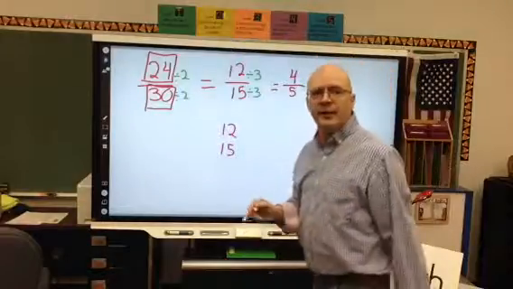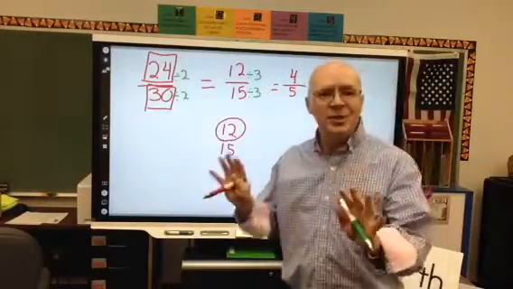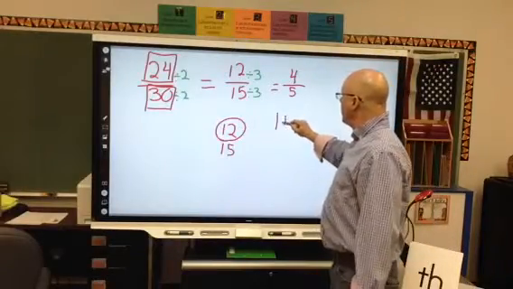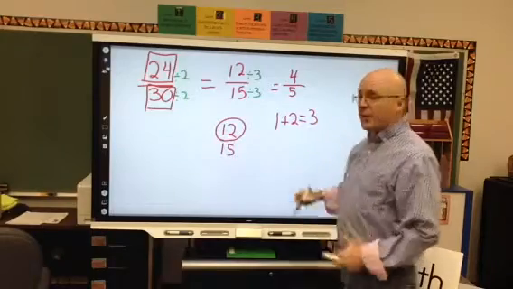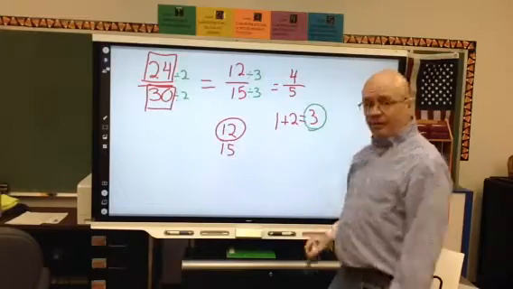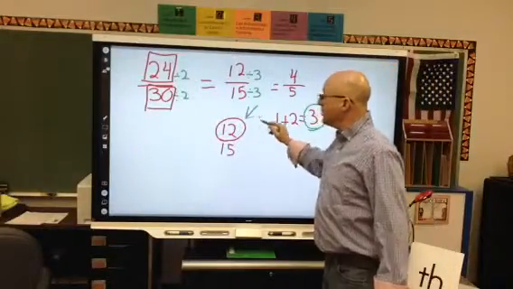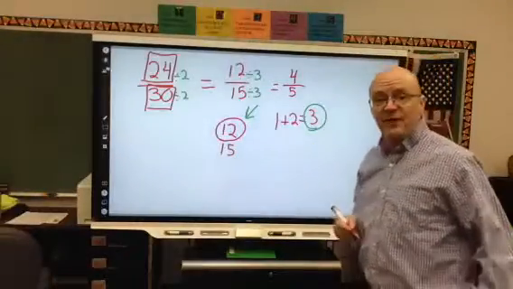What I do is, let's start with the 12 here. I'm going to add those digits together. 1 plus 2 equals 3. Is 3 divisible by 3? Yes, it is. So 12 is also divisible by 3. It's crazy, but it works. Let's try 15.